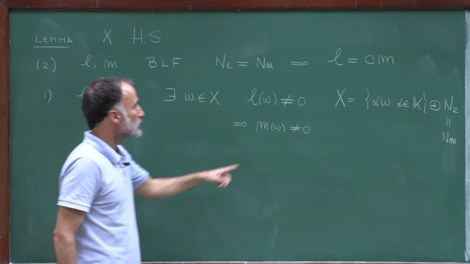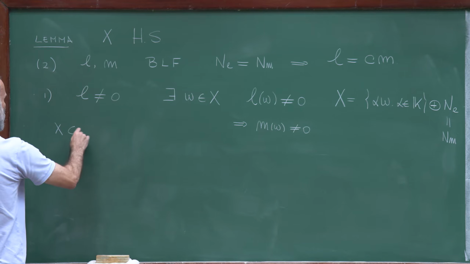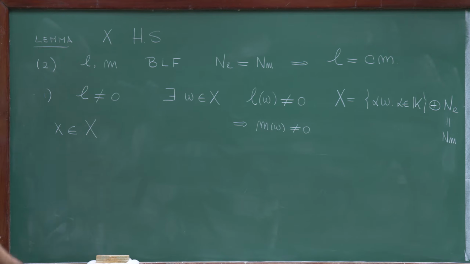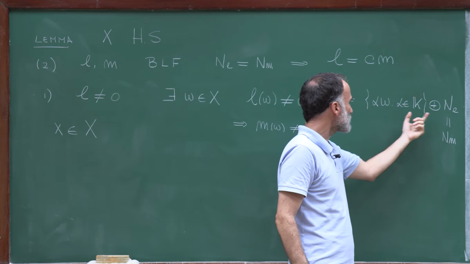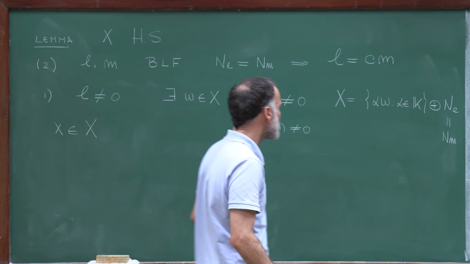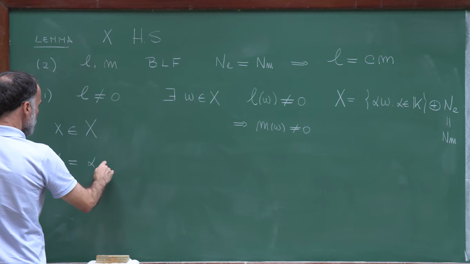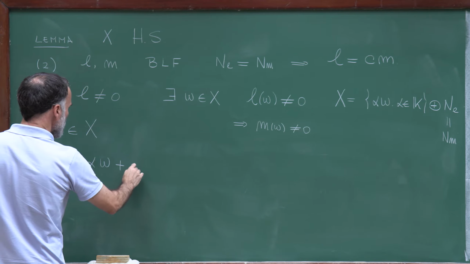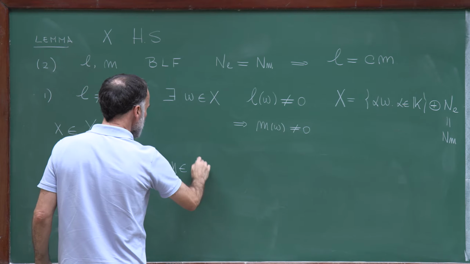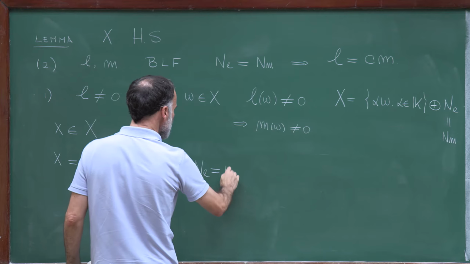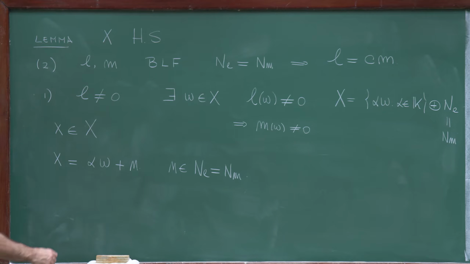Now I want to show that L is a multiple of M. So let's consider a point X in X. Since all the elements of X can be written as a sum of an element in this space and an element of that space, X is equal to alpha times W plus n, where n belongs to the null space of L, which is also the null space of M, and alpha is a scalar.